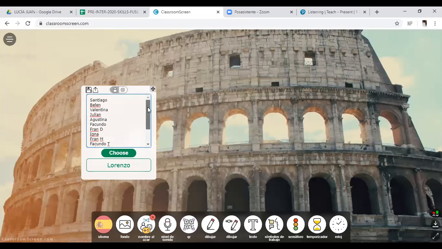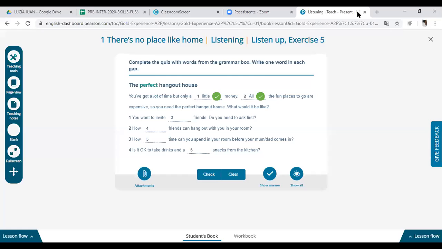So, let's see who's going to read. Valen, can you read the first one? You want to invite some friends. Do you need to ask first?